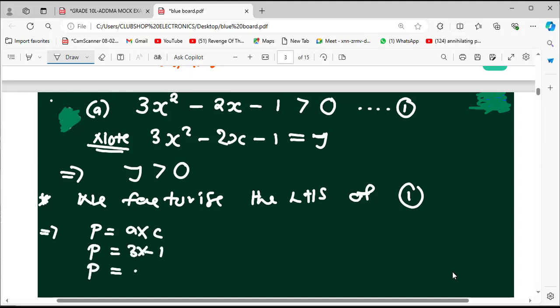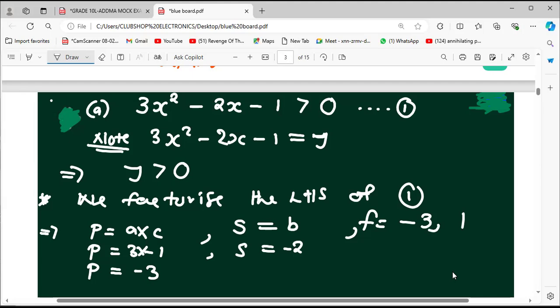So your product is -3. Then you must determine our sum, which is given by B, implying that our sum is -2. Therefore, we must determine the factors of -3 whose sum is -2. So we may pick -3 and +1. Okay?